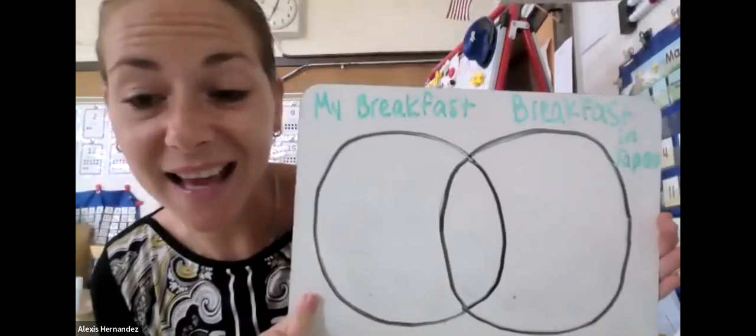And Japan is a country in Asia, which is a totally different continent than us. So breakfast might look a little bit different. So I'm going to share my screen and we're going to watch a little bit of a video about breakfast in Japan. And we're going to think, how is this breakfast similar or how is this breakfast different than our own? Ready? Here we go.